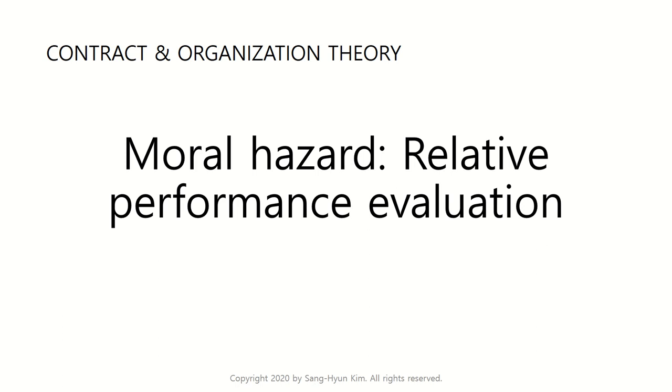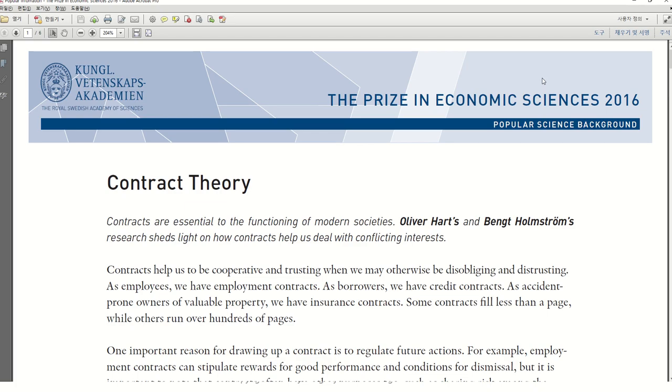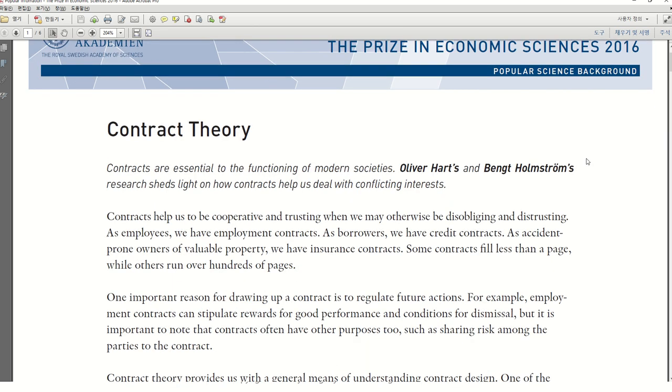What was the first topic that is discussed in the document? Let's just go to this document. You are supposed to read this document, right? I assume you have read it, and probably you had some difficulty understanding everything written in it.